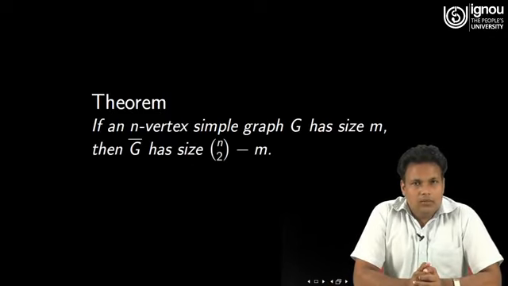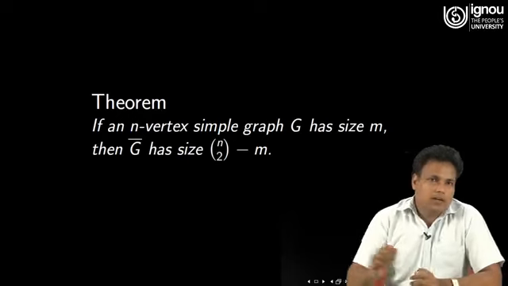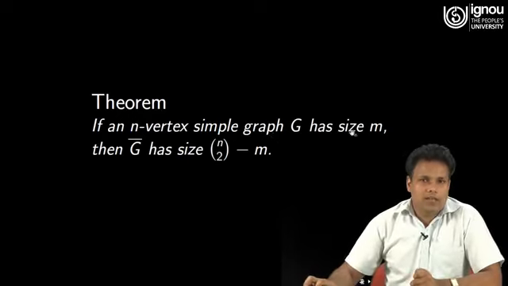Now, let us look at a very fundamental result about complement. It says that if an n vertex simple graph G has size m, then the size of G bar is n choose 2 minus m. In other words, the sum of the sizes of G and G bar equals n choose 2, the size of a complete graph on n vertices.